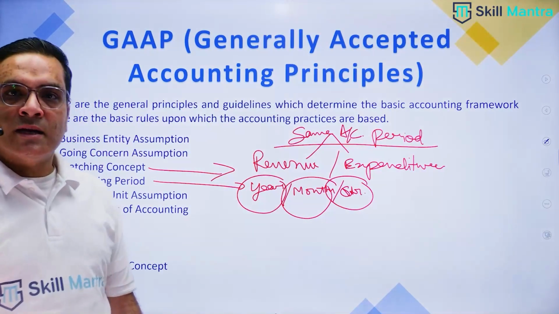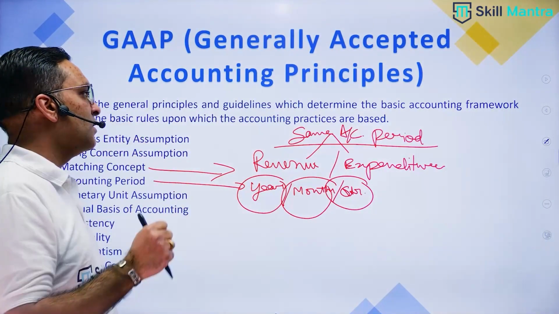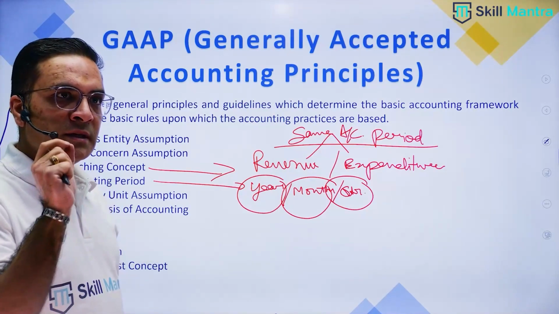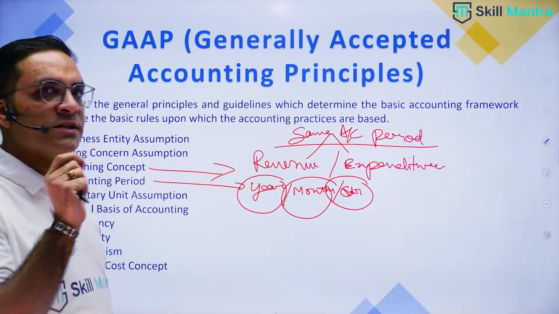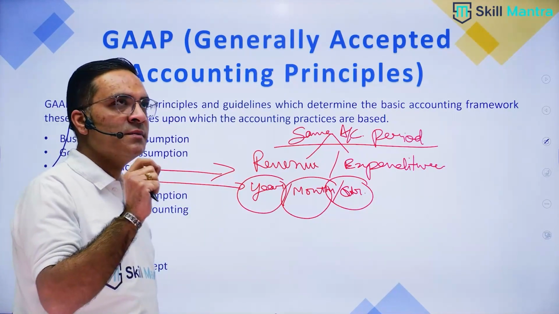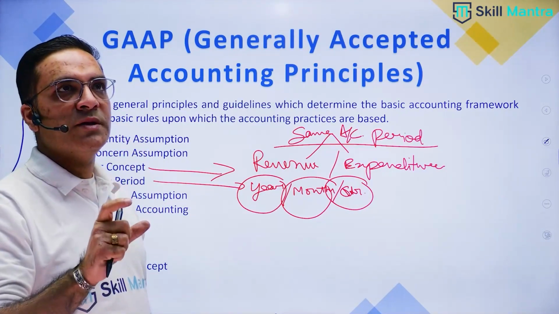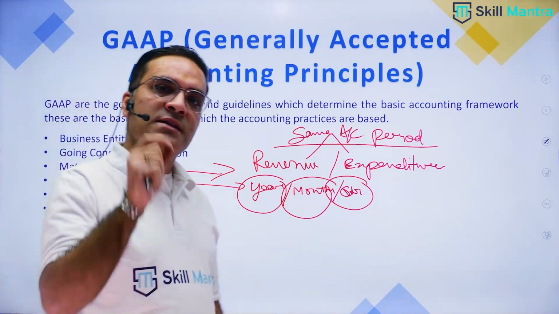Which means an attempt should be made, or it is in the best interest, to record the revenue and expenditure accruing in the same accounting period.